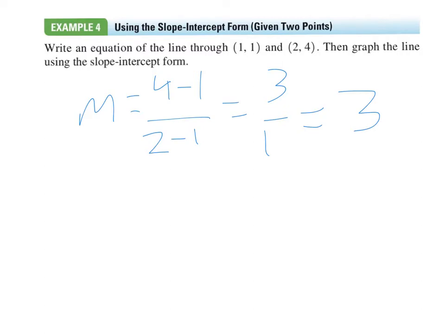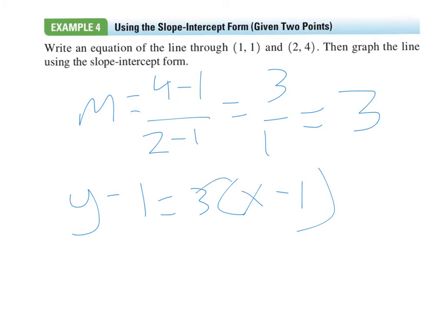We're going to do the equation of the line in slope-intercept form. So let's use our point-slope formula. So it'd be y minus, let's do the first point, 1 equals 3 times x minus 1. And if you had chosen the other point, (2, 4), that's perfectly fine. You should get the same answer either way.